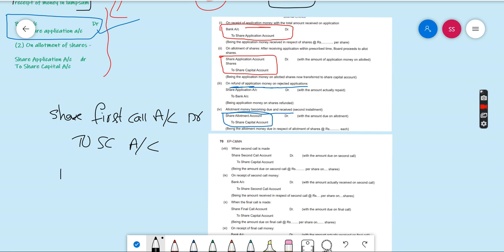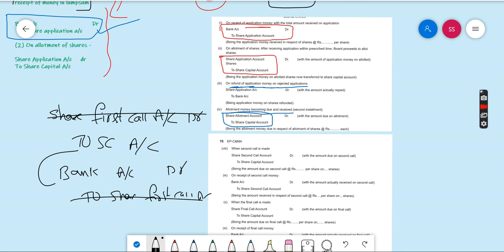And then when you receive the money, bank account debit to share first call account. Here also this one and this one will get cancelled. The ultimate entry will be that. So whatever it is, ultimately you will receive the money in bank and it will be transferred to the share capital, right?